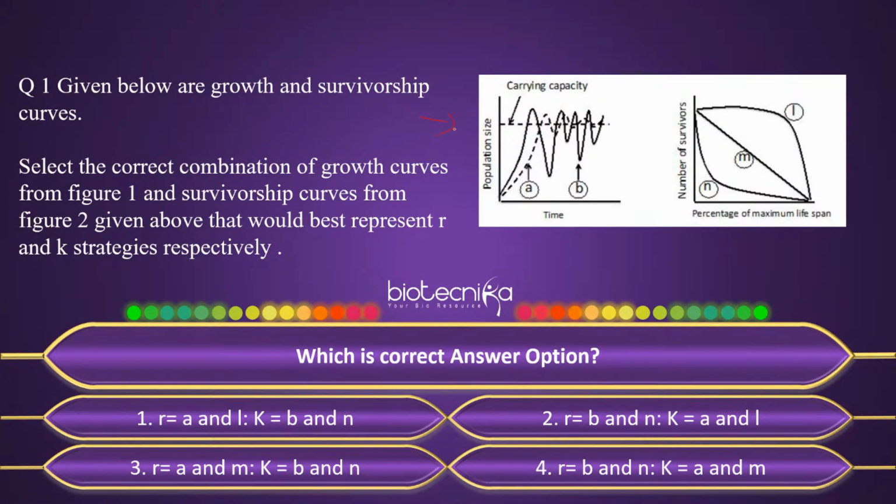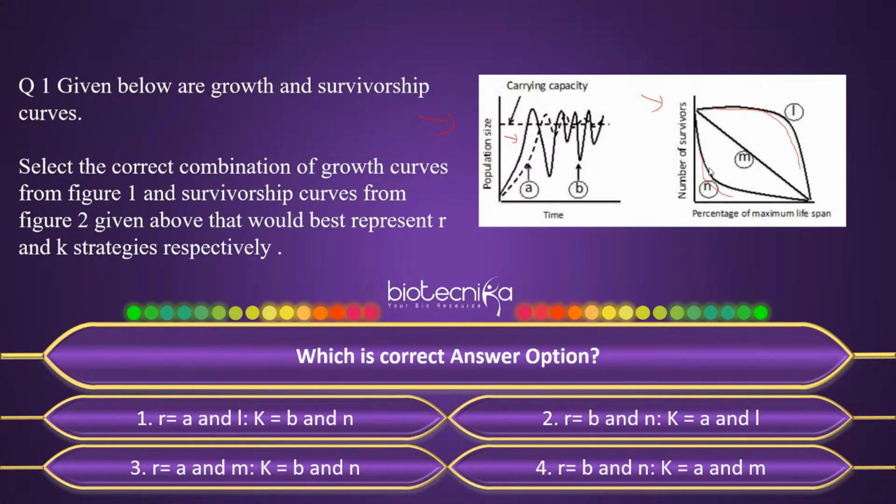Through the graph, we have already analyzed where we are going to find R. The solid curve represents R and the dotted curve represents K. So that means K is equal to A and R is equal to B. And in the survivorship curve, this is for K and that is for R. So this is the reason that option 2 is the right answer.